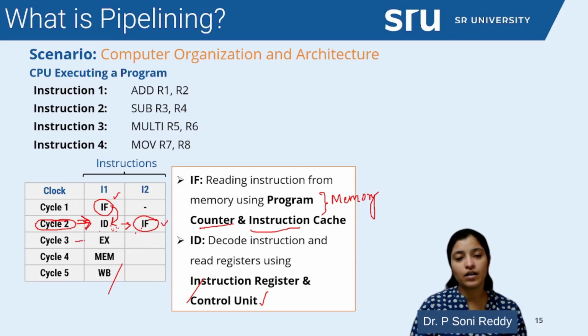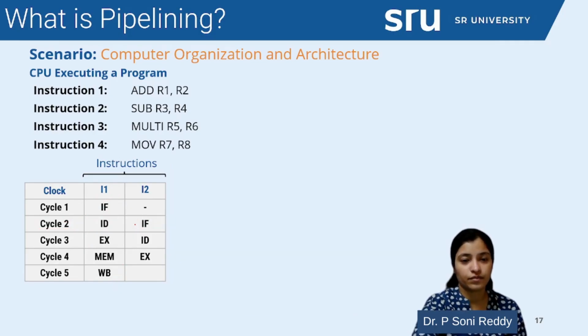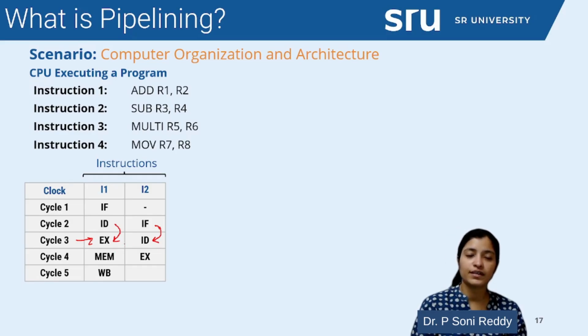In my third clock cycle, when I'm doing execute, that means the decode is completed and it is moving to the execute stage. So when decode of the first instruction is completed, it is moving on to execute in clock cycle number 3. We are starting with the instruction decoding of the second instruction during that same phase. Now, why are we able to do these two steps in the same clock cycle?